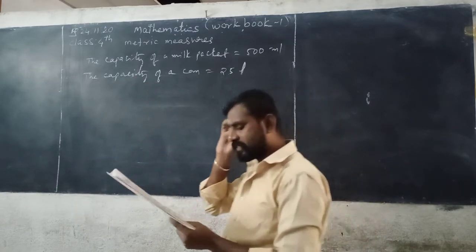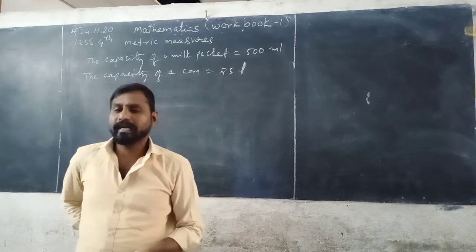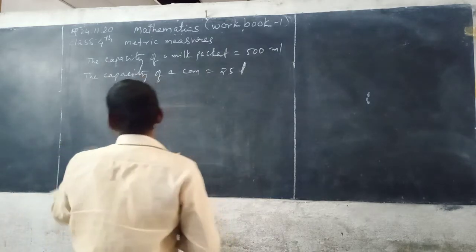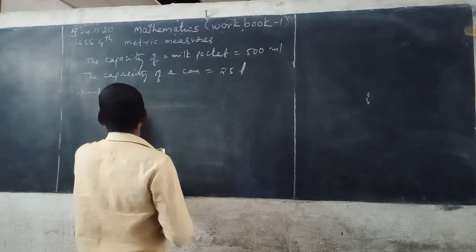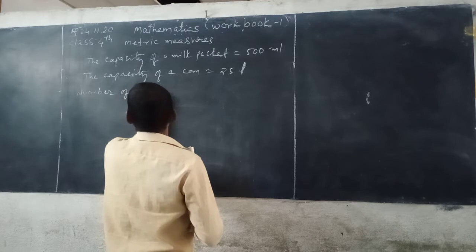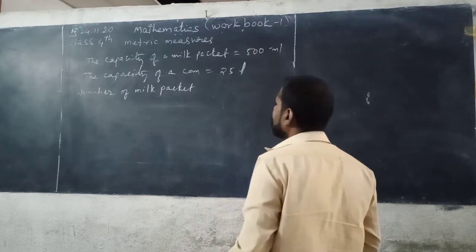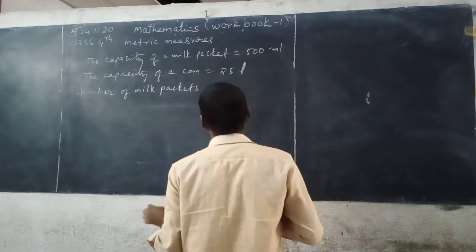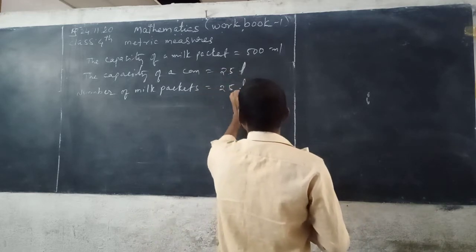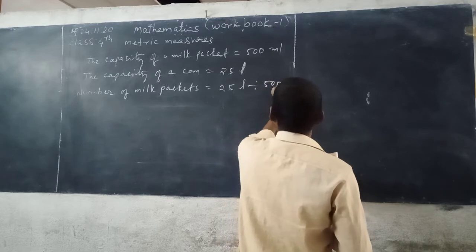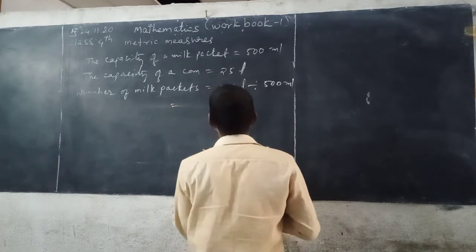So you can find out the number of milk packets. Number of milk packets is equal to 25 liters divided by 500 milliliters. See here, liter is converted into milliliter, so 25 into 1000.